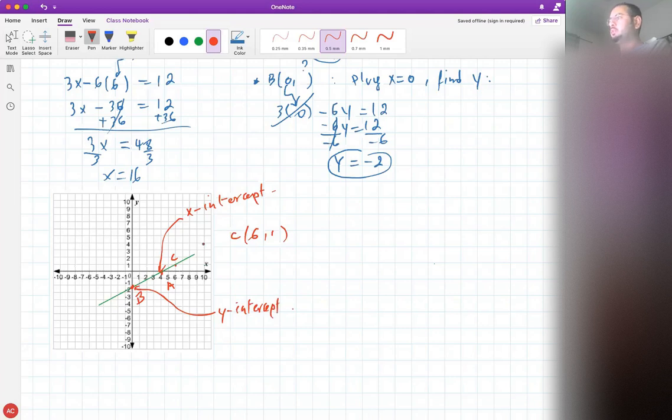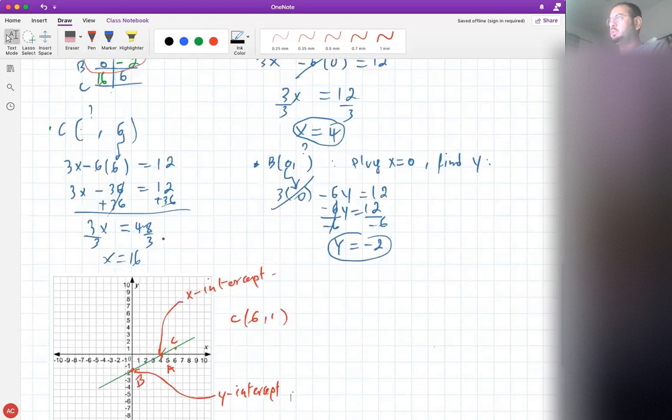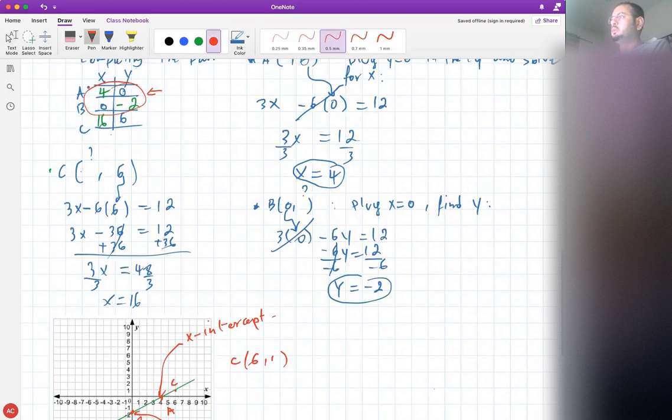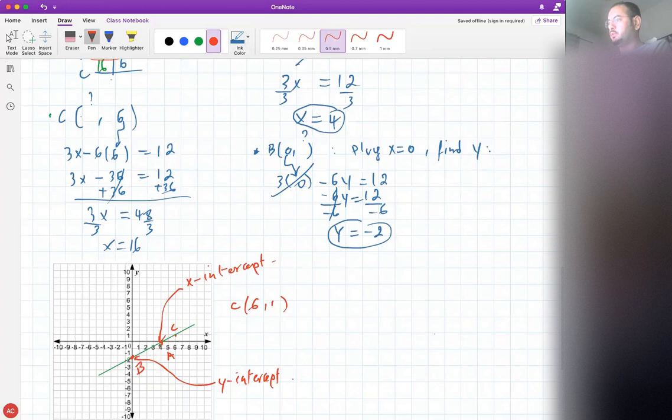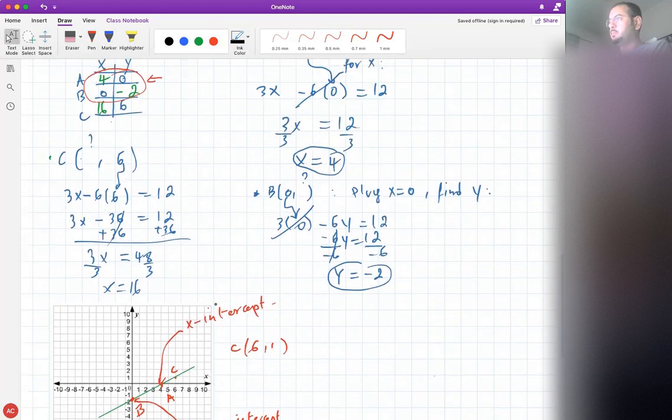So the x-intercept is where the line meets the x-axis, and the y-intercept is, as you can see, where it meets the y-axis. Both these points are special because they have zeros in them. For the x-intercept, the y is 0. For the y-intercept, the x is 0. So this is the first point, A, 4, 0.